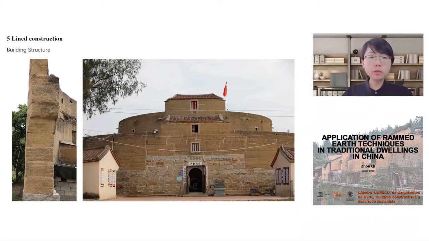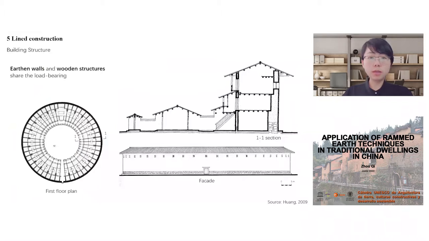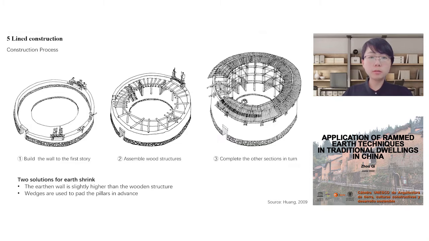For the majority of tulou, earthen walls and wooden structures share the load bearing, so they must be built together. This is the construction process. In order to solve the problem of shrinkage between the two materials, we must rely on experienced craftsmen to anticipate the shrinkage of the earth.